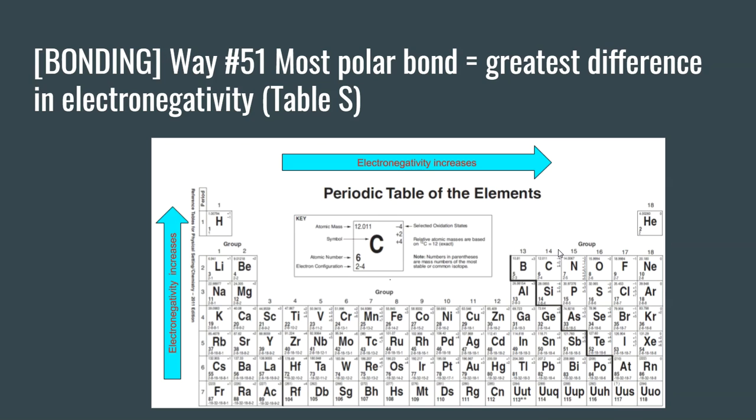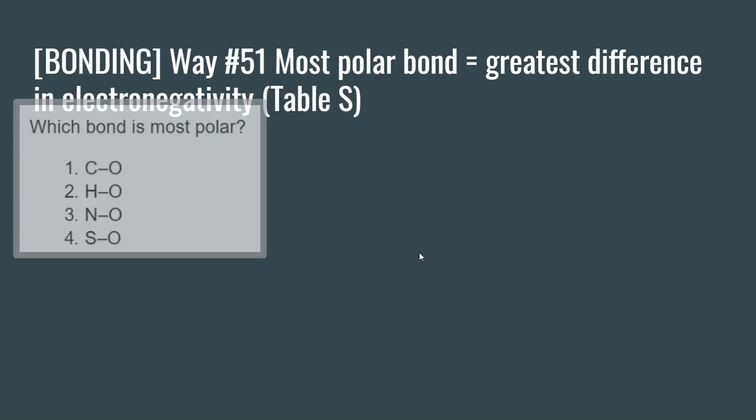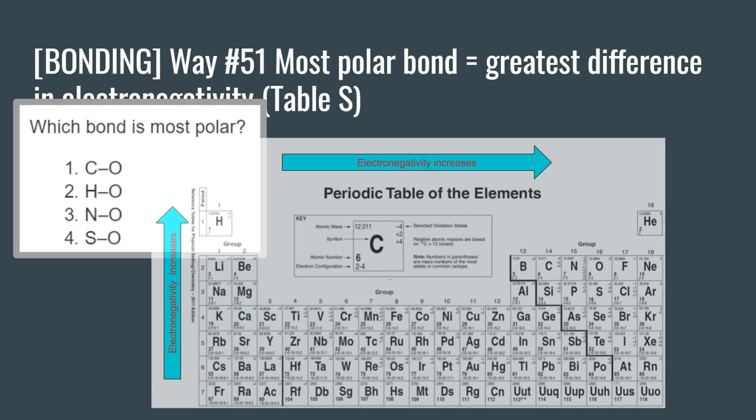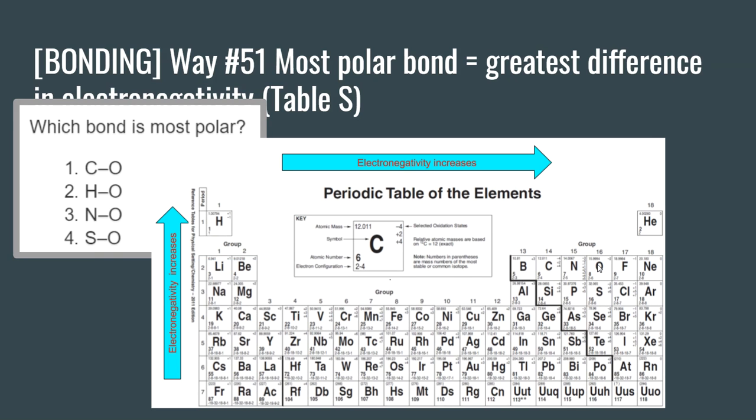So let's use this idea to answer some Regents questions. Which bond is most polar? Please note that oxygen is in this corner, and we're comparing the electronegativity values to oxygen if we want to find out which bond is most polar.